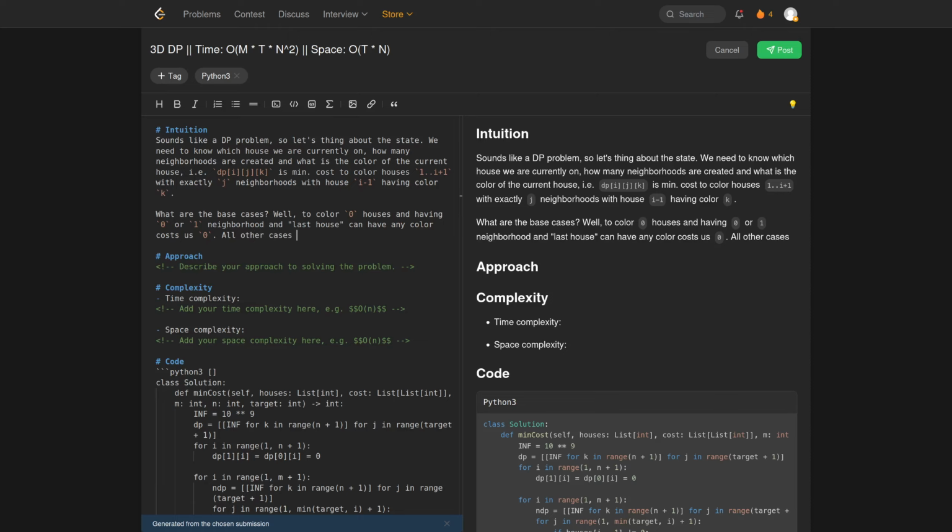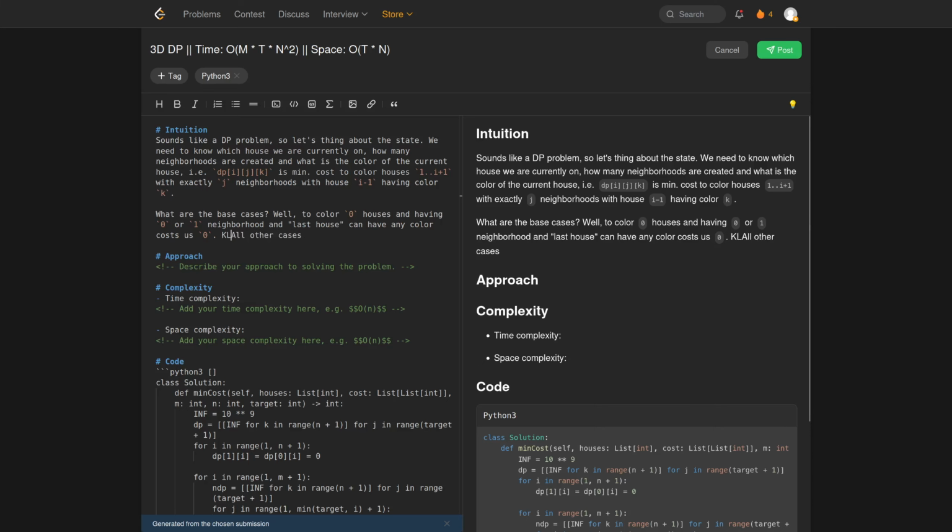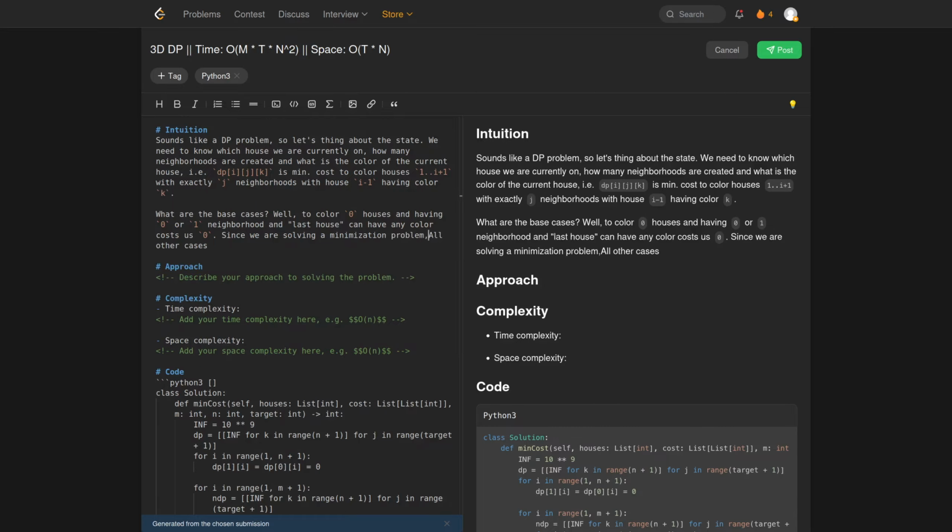All other cases, since we are solving a minimization problem, let's set all other cases to something, to inf, 10 to 9.